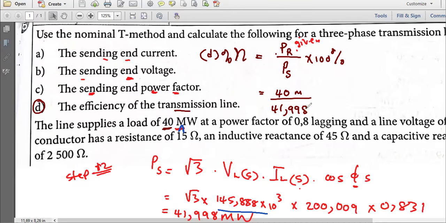These are the same units, so megawatts cancel, times 100%. That gives us the efficiency of the transmission line, which is 95,243 as a percentage. So that is how these questions are mostly given.